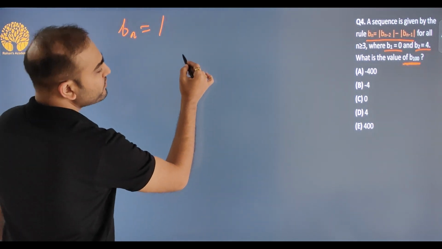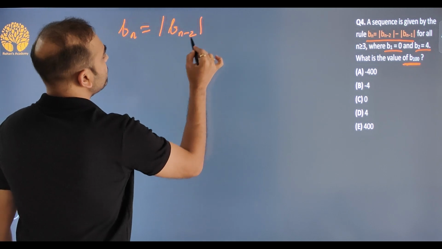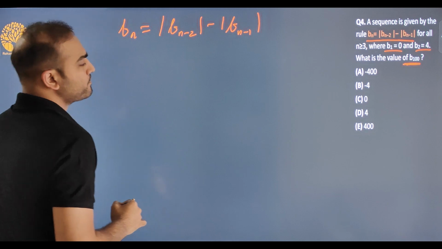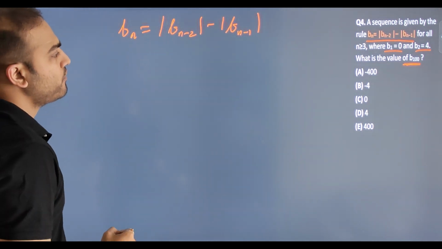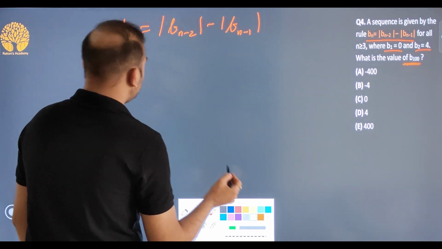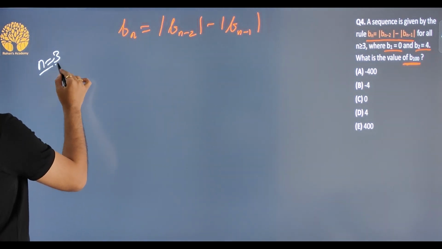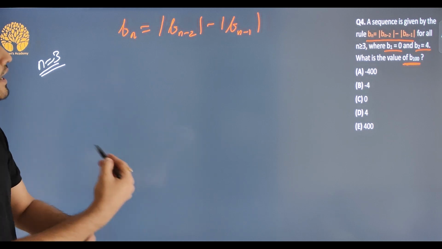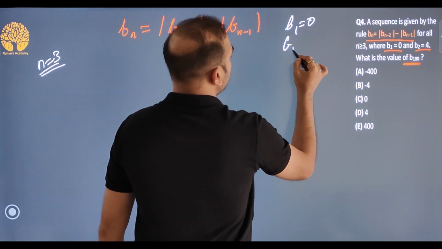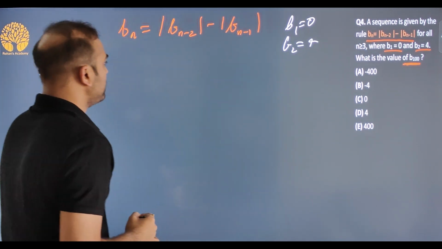Bn is modulus Bn minus 2 minus modulus Bn minus 1, right? We know B1, B2, so let me first find B3. I substitute n equal to 3 because as I said, I will try and figure out what is the pattern. B1 is 0, B2 is 4, right?